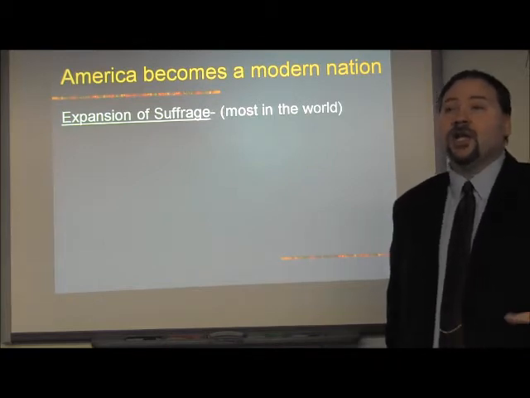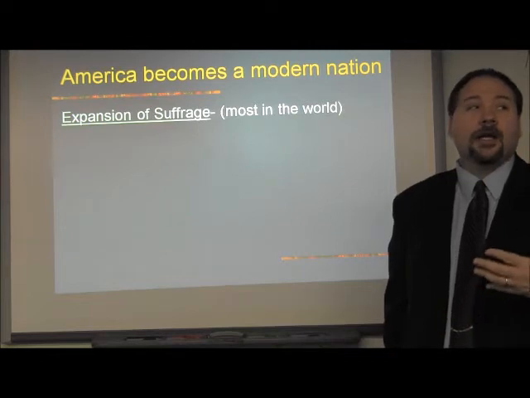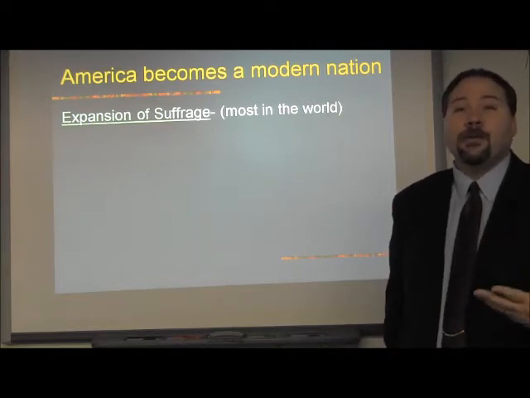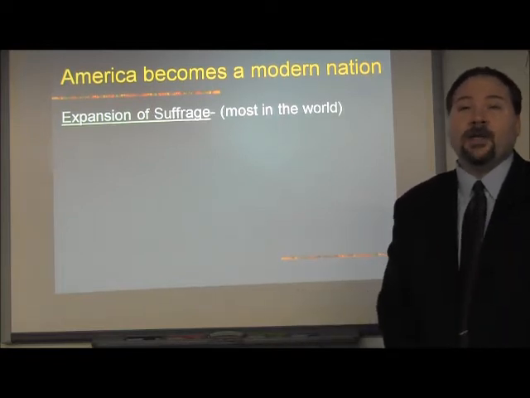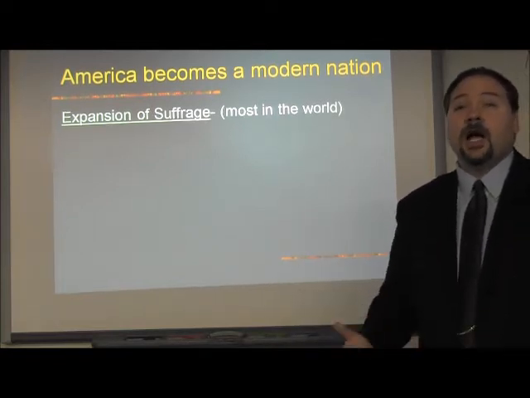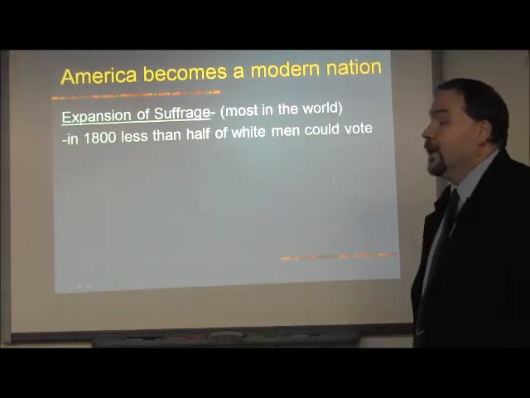And that's a big change again, seeing the ideas of the Enlightenment in action, America becoming that kind of republic that they envisioned, but maybe expanding to include more people than the founders had even wanted.